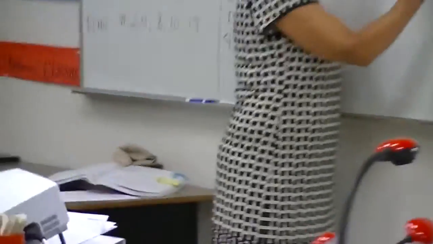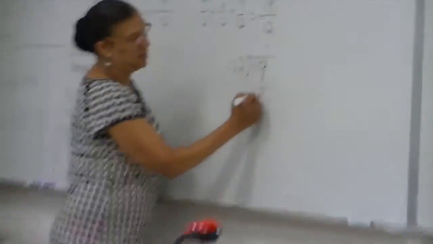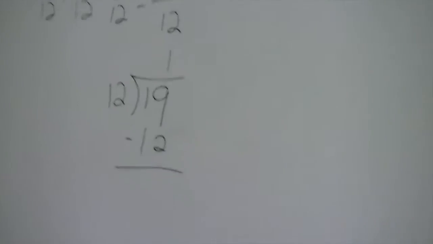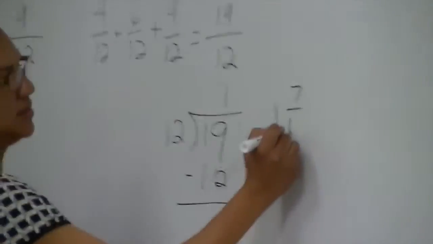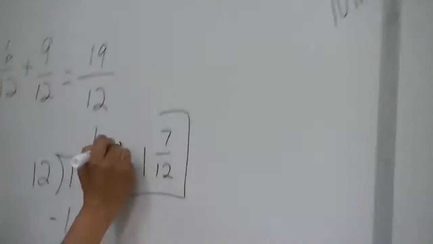Perfect. 12 goes into 19 one time. 1 times 12 is 12. 19 take away 12 is 7. So my answer is 1 and 7/12. Wonderful. Let's do another one.